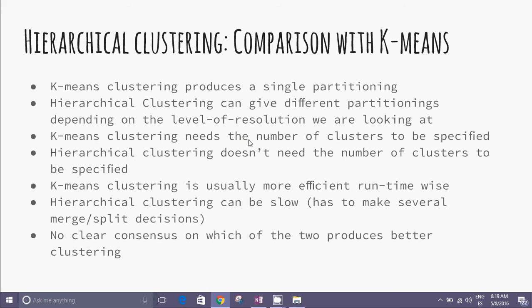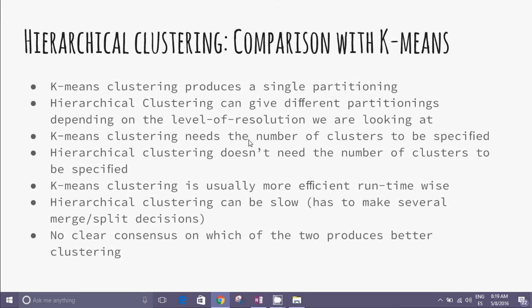We can compare hierarchical clustering with k-means, the two major algorithms. K-means clustering produces a single partitioning. Hierarchical clustering can give different partitionings depending on the level of resolution we are looking at.